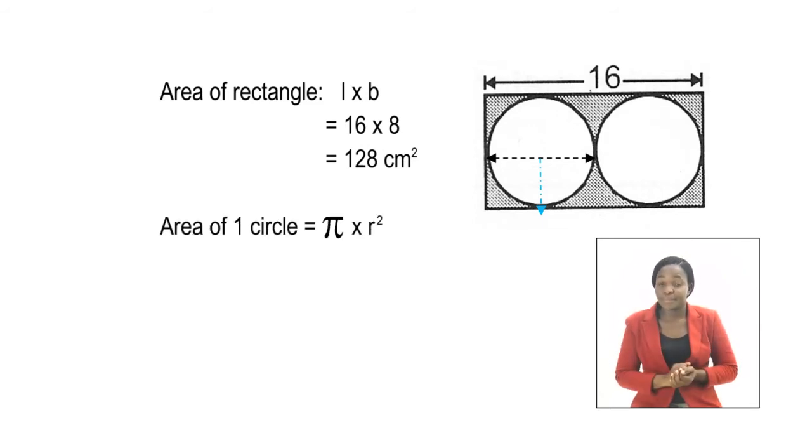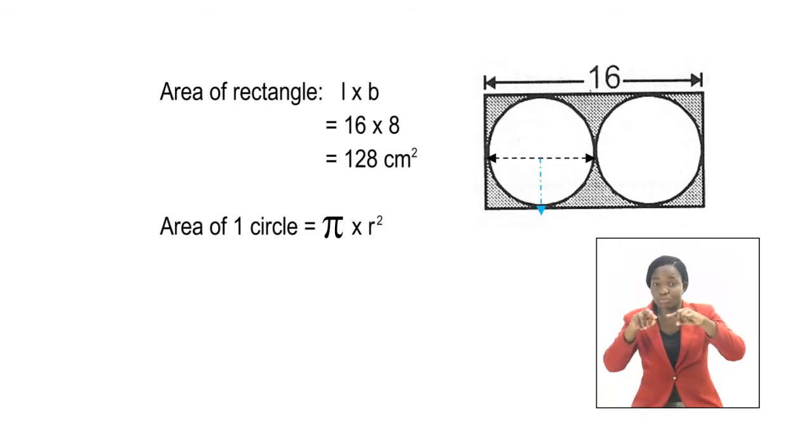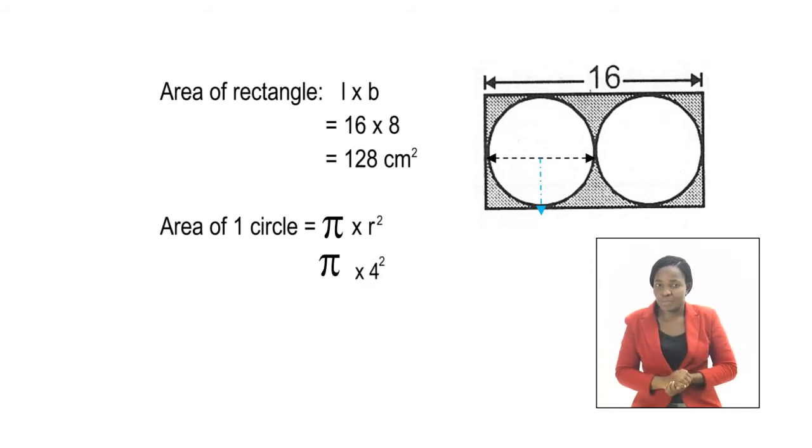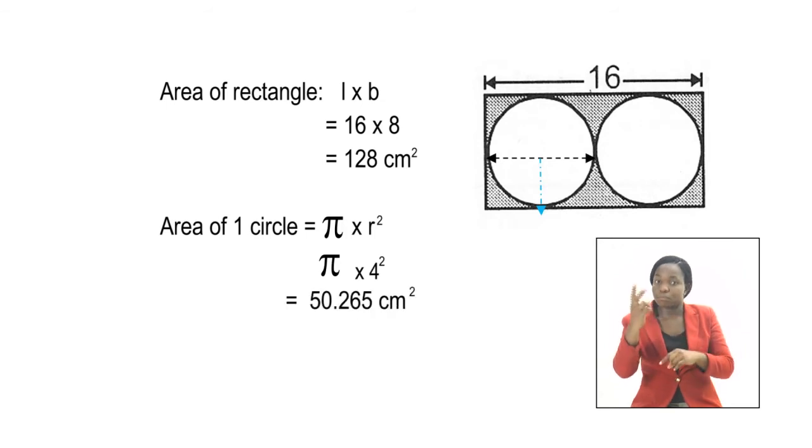Now for the area of the circles. Area is, let me see, there on the board. Yes, pi times radius squared. So, I take the value of pi on the calculator times 4 squared and I get 50.265. This is not the final answer, so we don't round off yet.